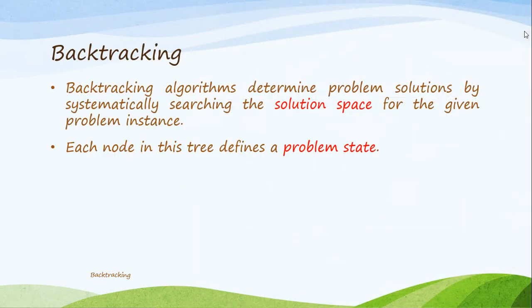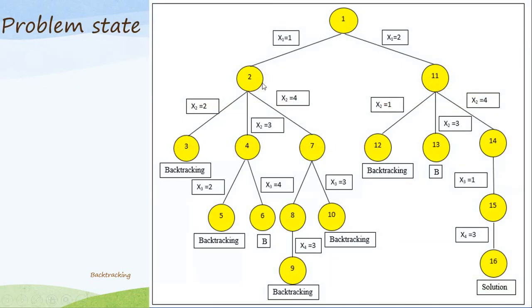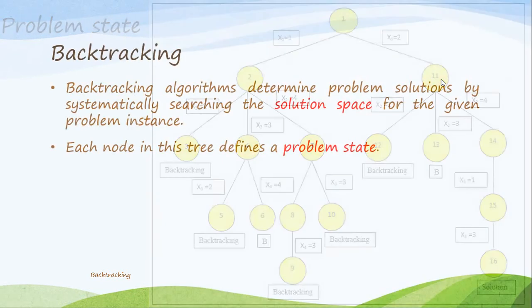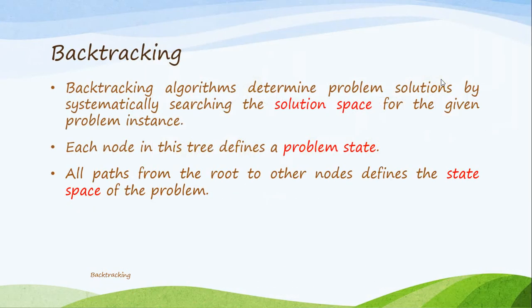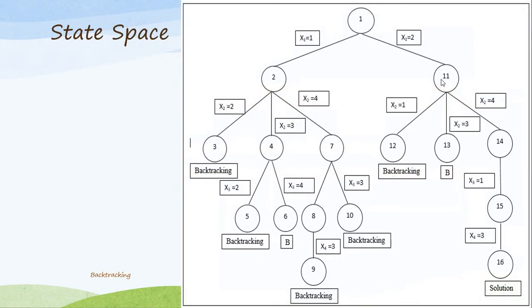Each node in this tree defines a problem state. So the nodes shown here in yellow color are called the problem states. All paths from the root to other nodes define the state space of the problem. So all the paths from the root to the nodes are called the state space.